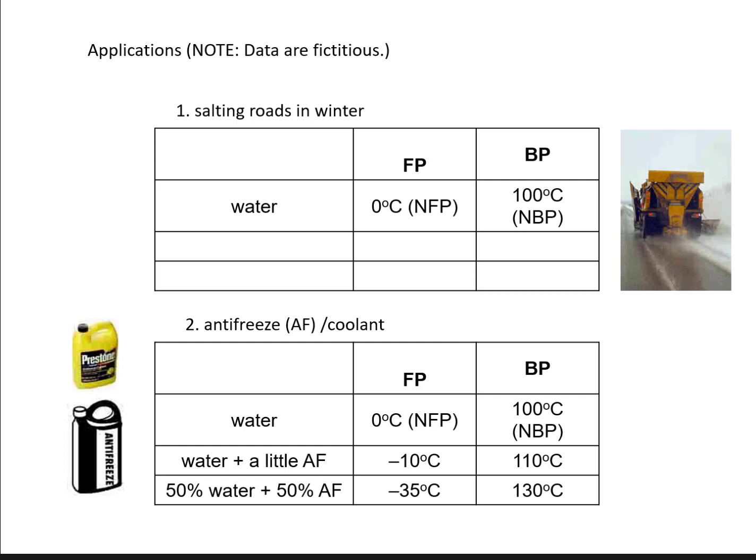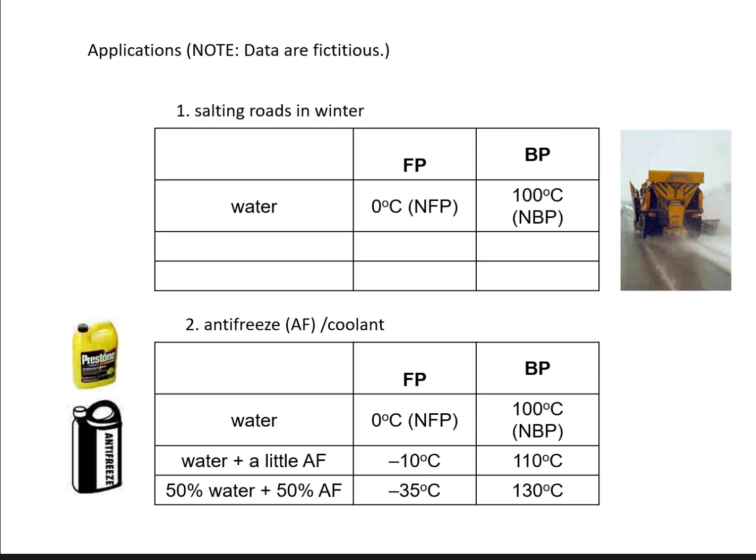So in the wintertime, right, we salt the roads. Not this past winter, my goodness, I don't know that they had to salt them hardly at all. But if we're looking at a normal situation, when you have water, okay, it freezes at 0 degrees Celsius. That's what we call its NFP, or its normal freezing point. It boils at 100 degrees Celsius, which is its NBP, or its normal boiling point.